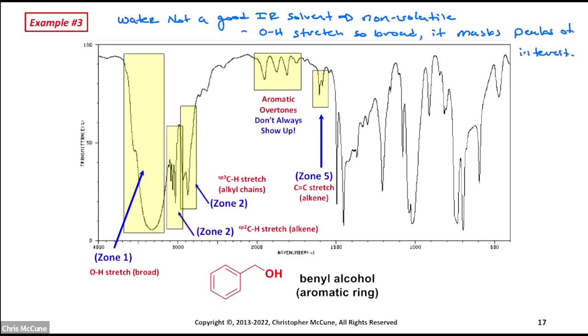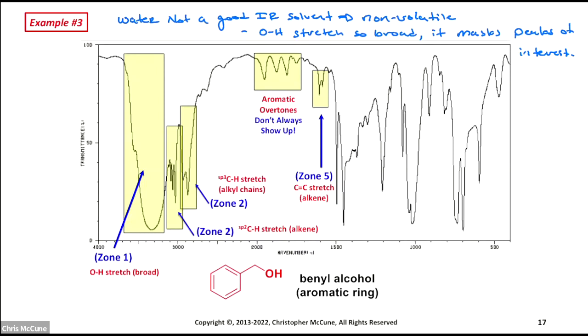For example, if I tried to apply this benzyl alcohol to the IR in the presence of water, maybe trying to use that as a solvent to get it to stick to the plate, then we would see the water show up. A lot of IR machines today allow you to put the compound right on the machine itself without the need for any solvent.